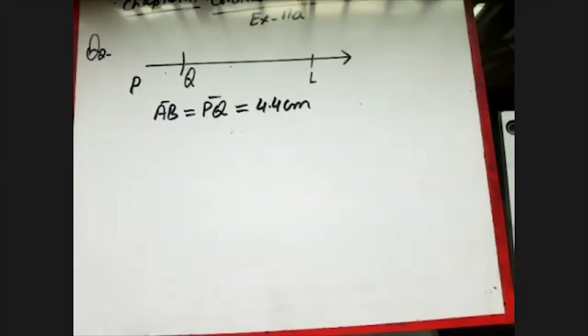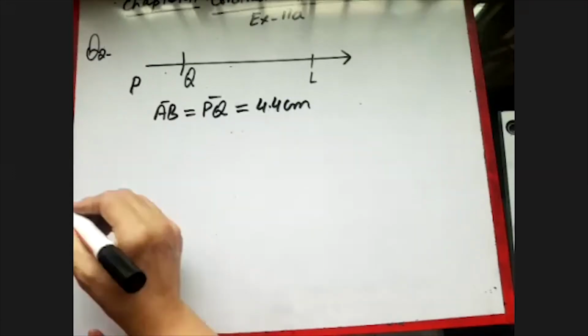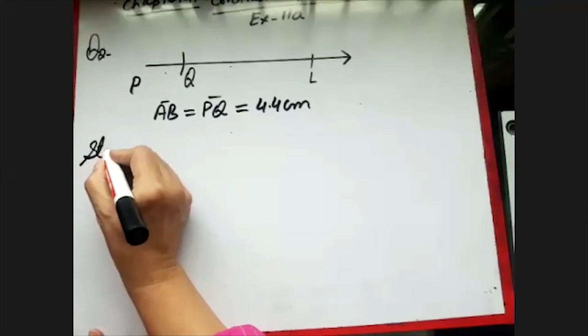So you make a line with the help of compasses on the notebook. Now you have to write down all steps of construction.